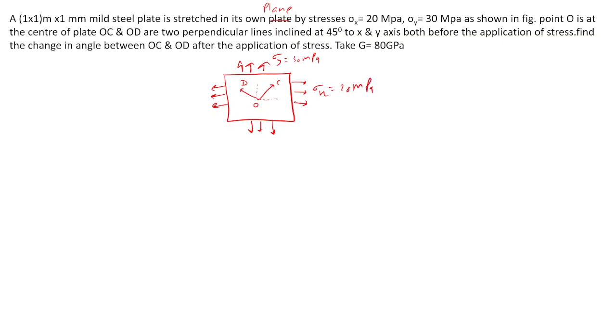Point O is the center of the plate. OC and OD are two perpendicular lines inclined at 45 degrees to the X and Y axes before the application of stress. Find the change in the angle between OC and OD after the application of stress.